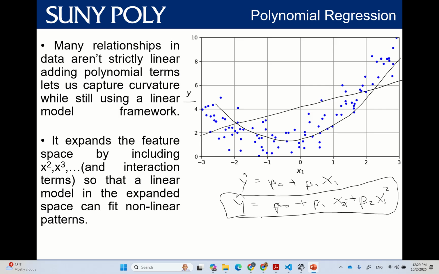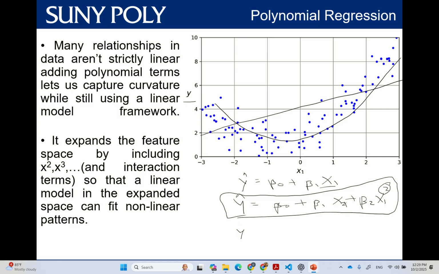So maybe you're asking yourself why this is considered still linear if there is a quadratic term here. The trick here is that we are going to increase the dimensionality. So instead of sticking to a single feature, we can just use a new, additional variable. So we get rid of the square.